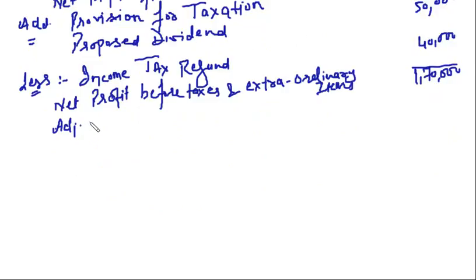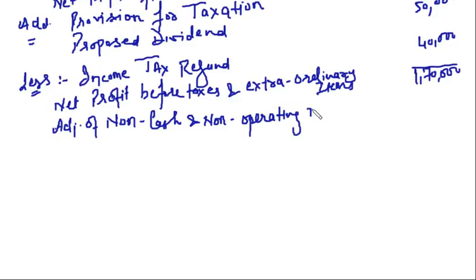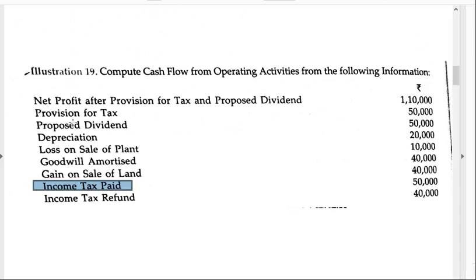Adjustment of non-cash and non-operating items. Clear? Adjustment of non-cash and non-operating items. Now tell me, we have done net profit, we have taken provision for taxation, proposed dividend.